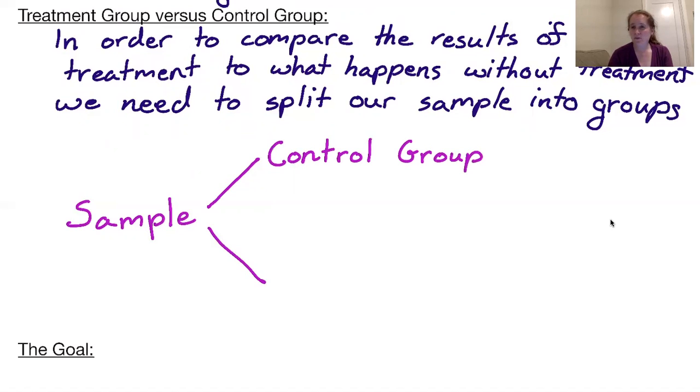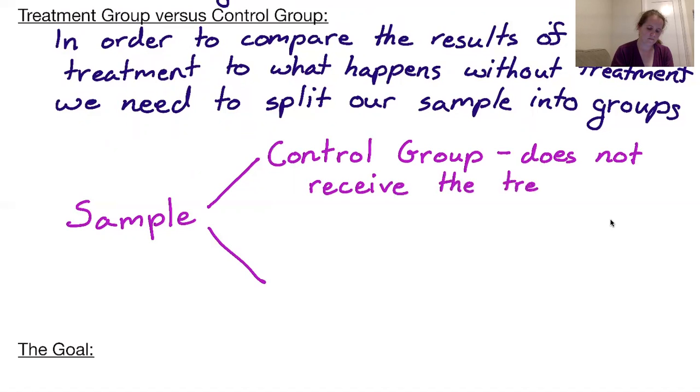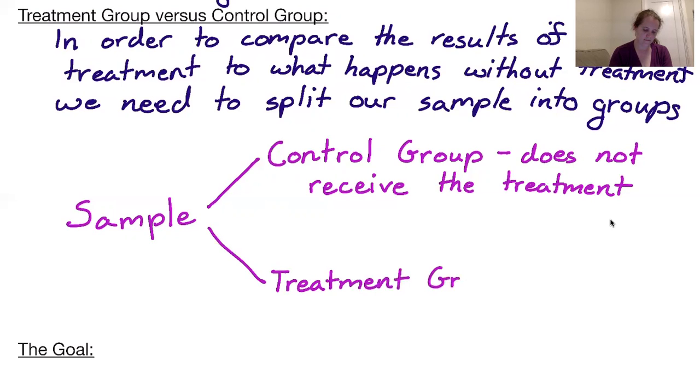And the control group does not receive the treatment. And then the other group is called the treatment group, which does receive the treatment.